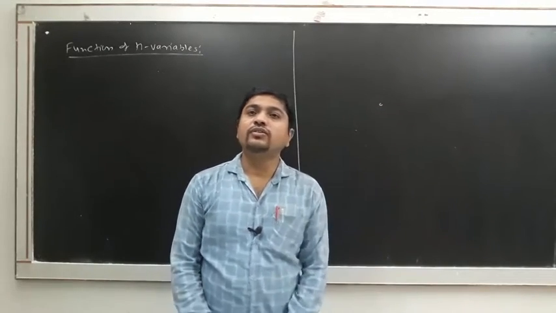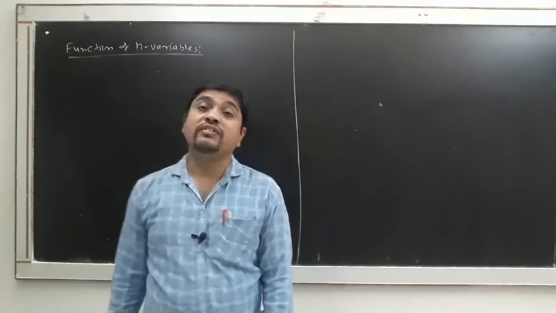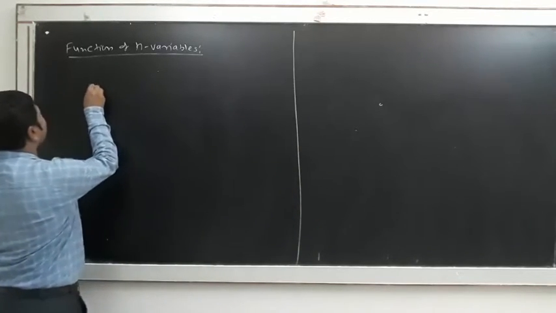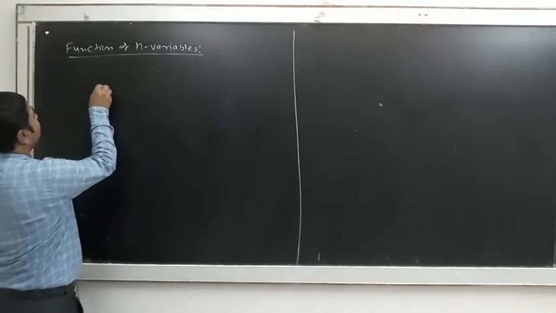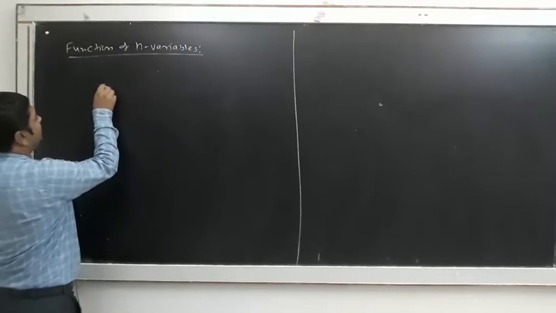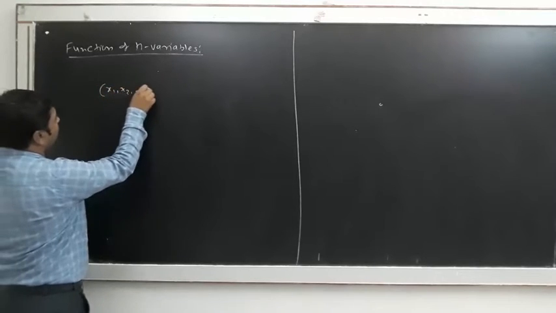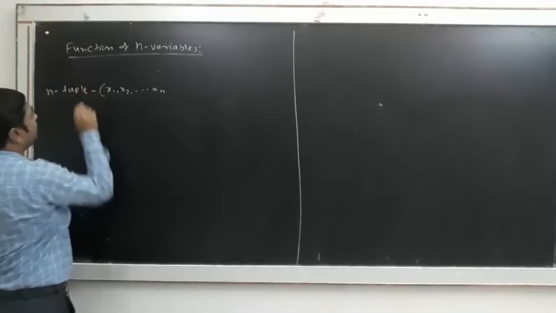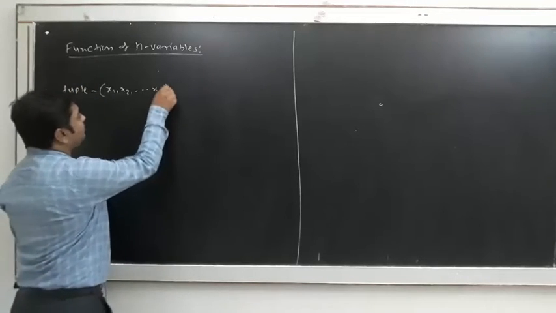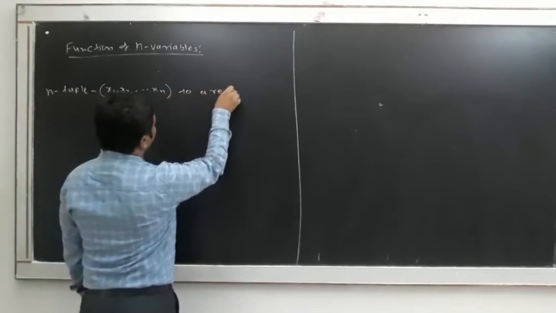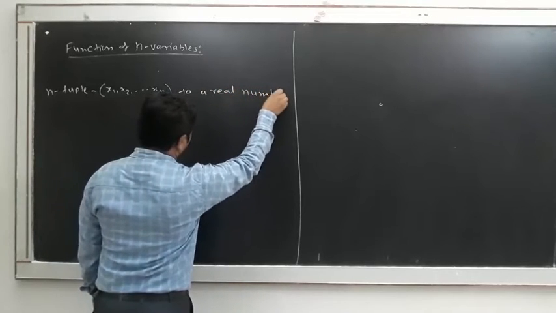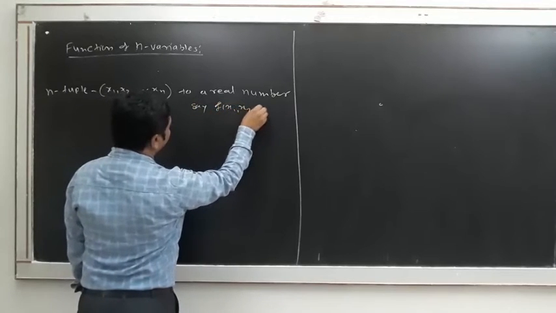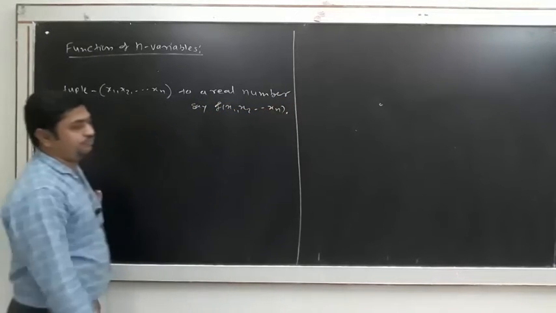In a similar manner, a function of n variables is again a rule that assigns each n-tuple (x1, x2, ..., xn) to a real number, say f(x1, x2, ..., xn).